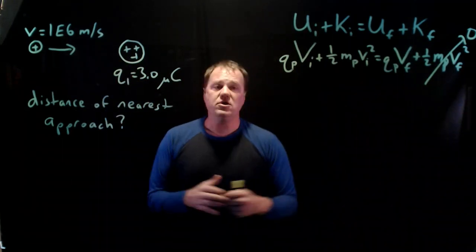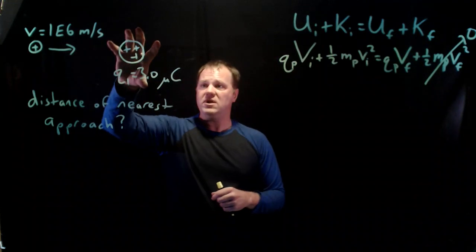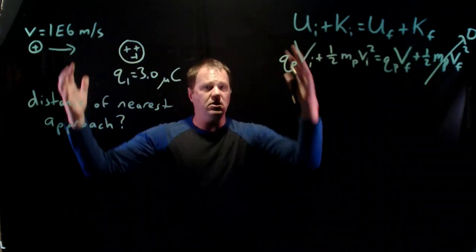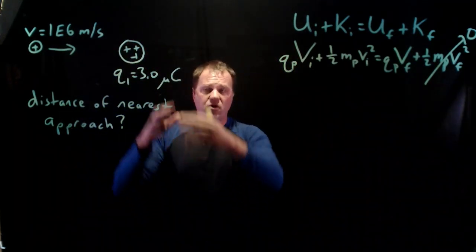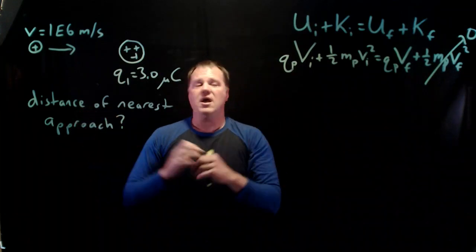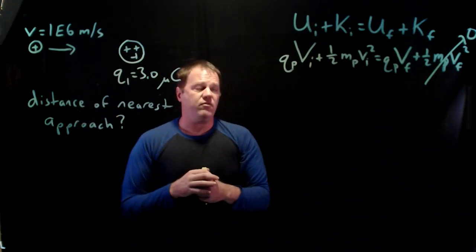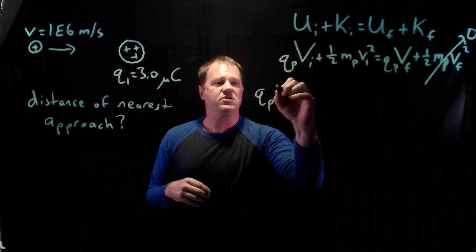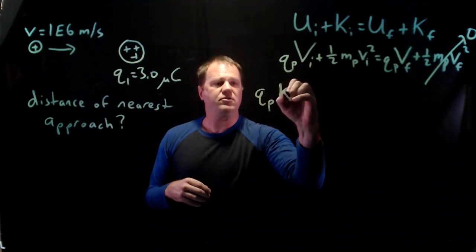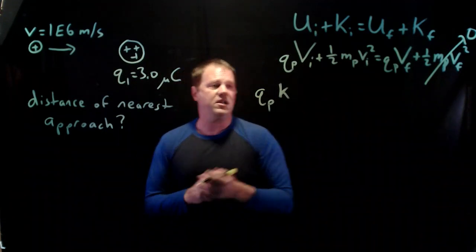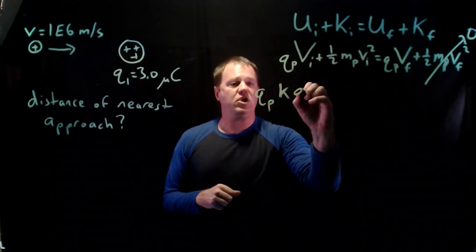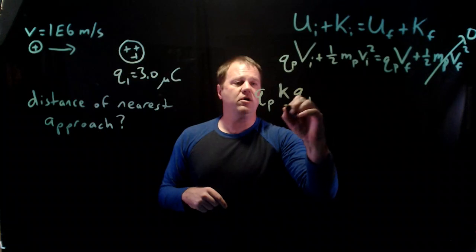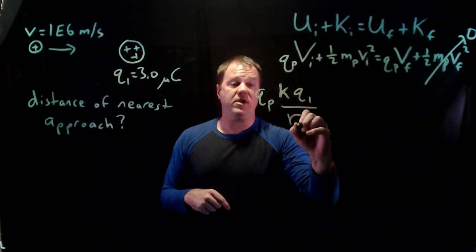So what we do is we use the potential of a point charge. This object is creating an electric potential everywhere in the surrounding space, and we can use the formula for that. It's fairly straightforward. I'll substitute in the formula for electric potential: the electric constant, 8.99 times 10 to the 9th in SI units, times Q, which I'm calling Q1, over R. It's going to be R initial.